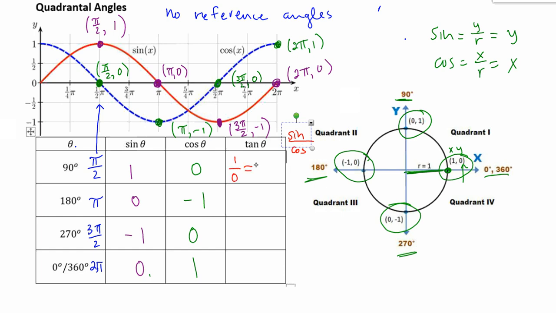Uh-oh, can't do that, so we call that undefined. 180 is 0 over 1. 0 divided by anything is 0. 270, again, 0's in the denominator, so it's undefined. And then 0 and 360 is 0 over 1, or 0. So quadrantal angles, those are going to be the values that come up when you're given 90, 180, 270, or 0, or their reference angle counterparts.